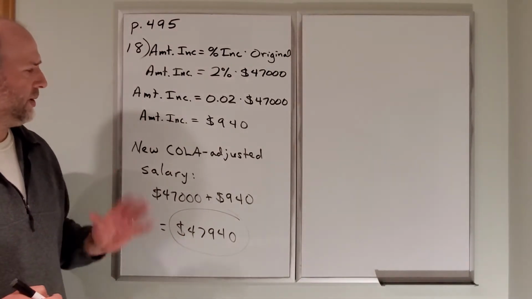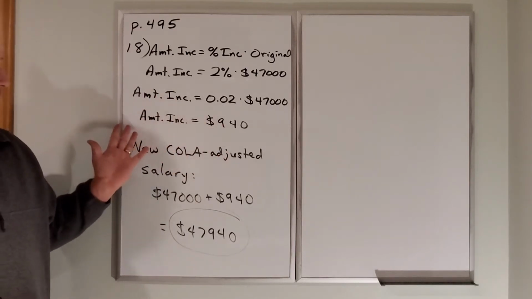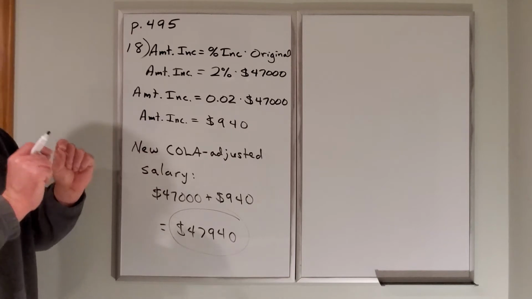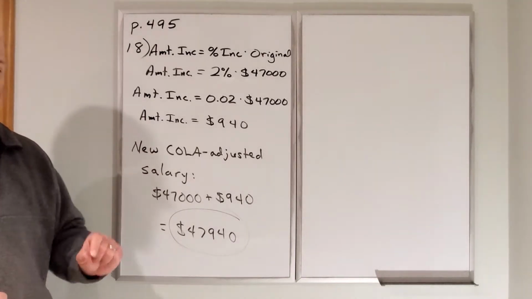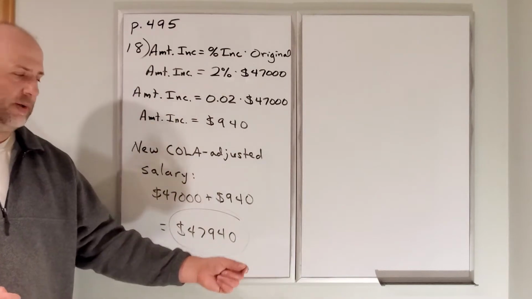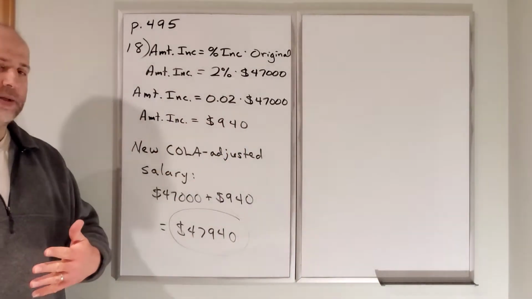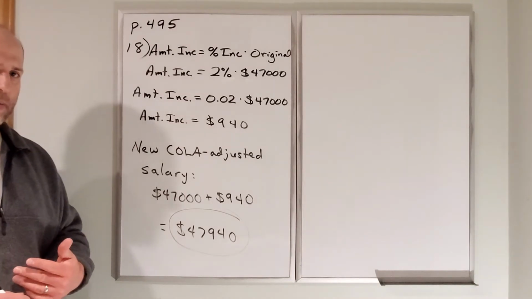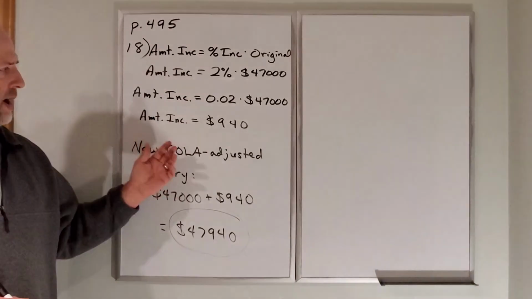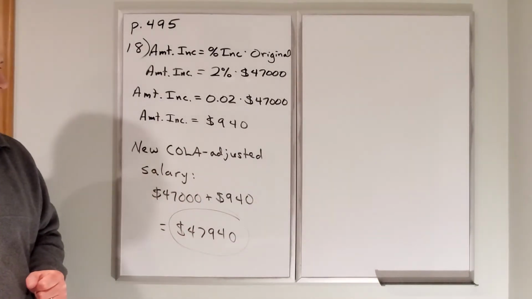So again, amount increase, amount decrease, that's all this formula gives you. If you're looking for a final new increased amount or a final decreased amount, you need to take this and, like we saw in problem 16, subtract it from the original amount, or, as we see here in problem 18, add it to the original amount.